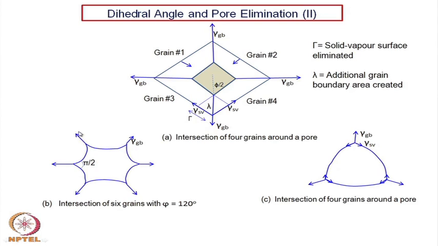This is a pore surrounding that. If you have a convex surface of the grains, that becomes more stable than this kind of situation. Okay. So, this is a more stable situation than this, and this kind of pores will not be eliminated so easily.